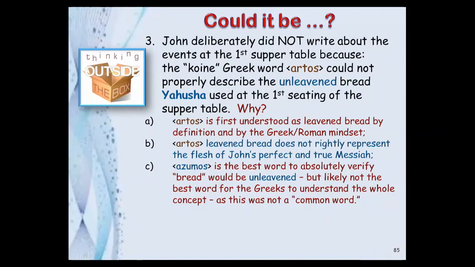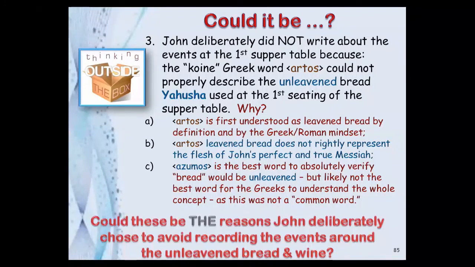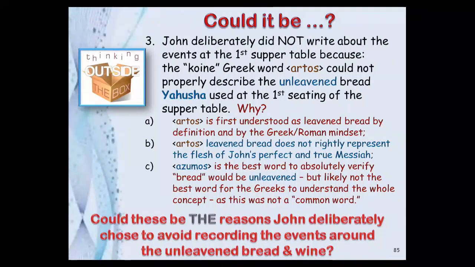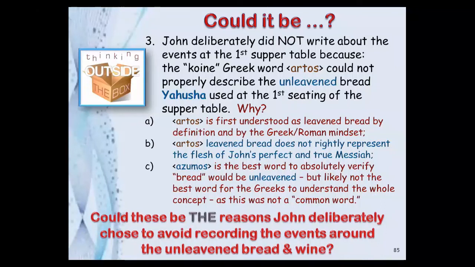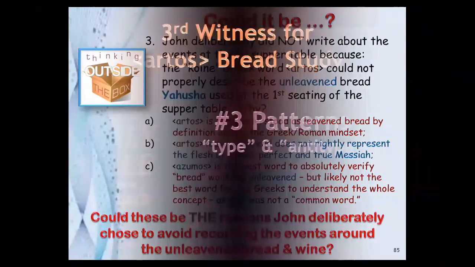Azumos, yes, indeed, it is the best word to absolutely verify the bread would be unleavened, but it was likely not the best word for the Greeks to understand that whole concept, as it was not a common word, and John just could not take the chance. Could these be the reasons that John deliberately chose to avoid recording the events around the unleavened bread and wine in that First Supper? I just bet that's the reason he made that choice.